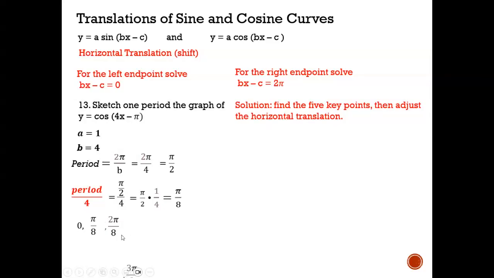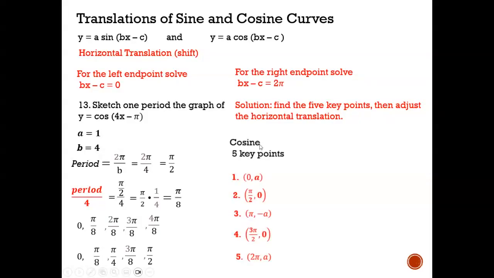Another pi over 8 is 2 pi over 8, then 3 pi over 8, then 4 pi over 8. Reduce the ones that reduce. Pi over 8 stays, 2 over 8 is a 4th, pi over 4, 3 pi over 8 stays, and then 4 pi over 8 reduces to 1/2, or pi over 2. These are the key points that I'm going to use now to get my graph, okay?